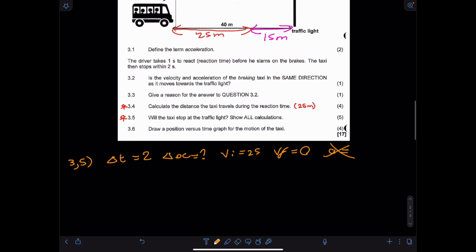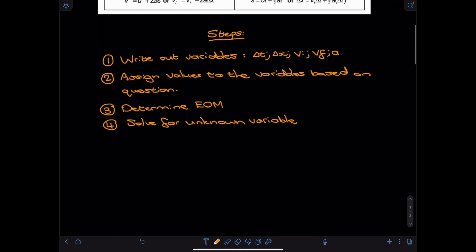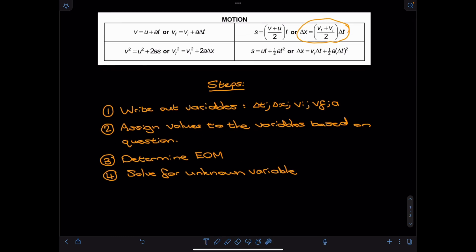So remember our steps, right? Step 1 is to write out the variables. Step 2 is to assign your data to your variables. Step 3 is to then decide which equation of motion you're going to use. In this case, again, it's going to be this one, because we don't have acceleration, and we obviously don't want to use an equation of motion that has acceleration in it, because then we won't be able to solve for what we want.